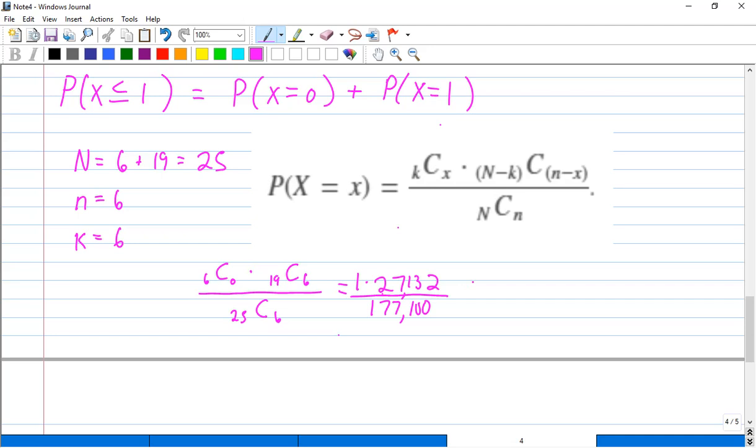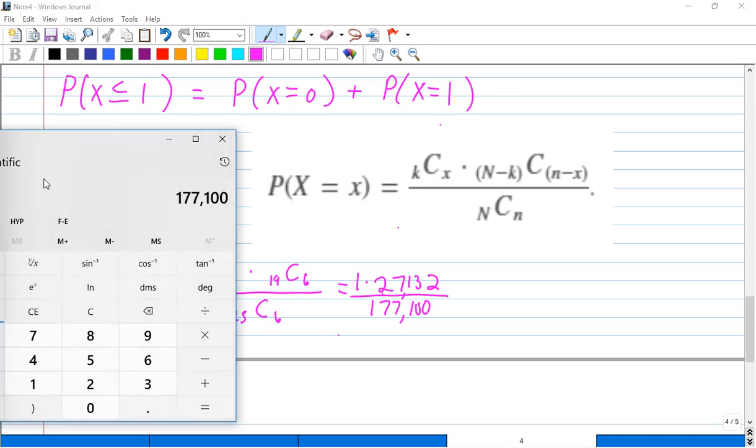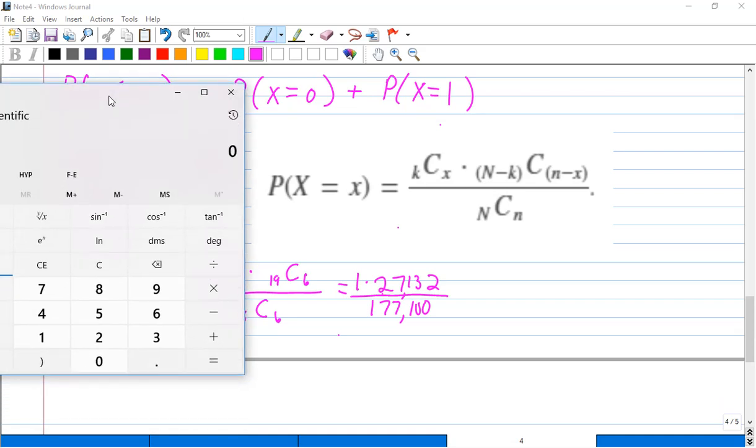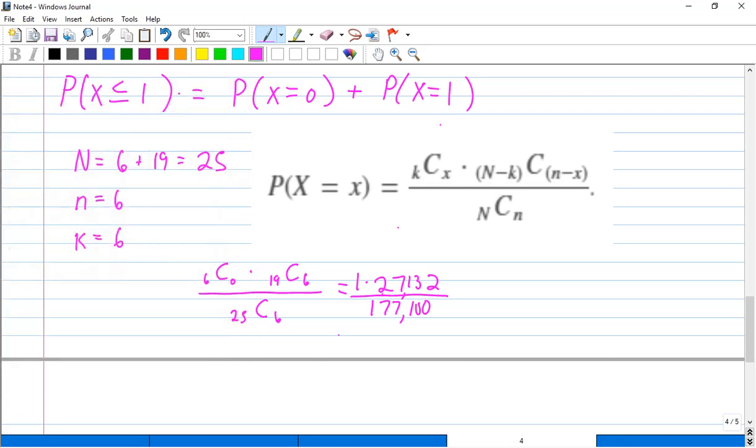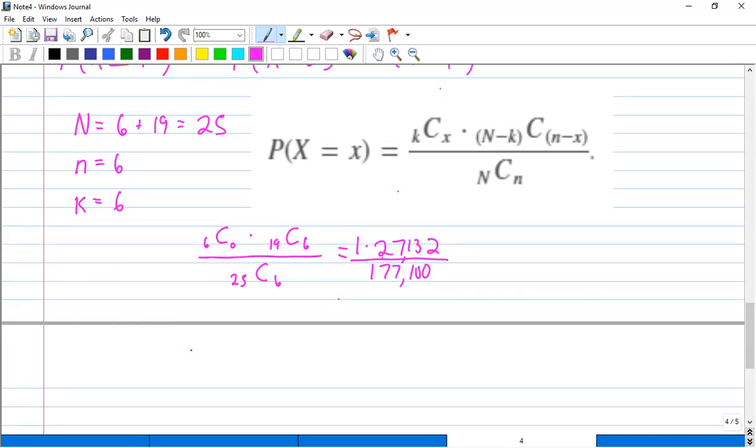All right. So that's our first answer. That's for 0. Now let's do for 1. Just to speed things up a little bit, write this down. This is 6C1.